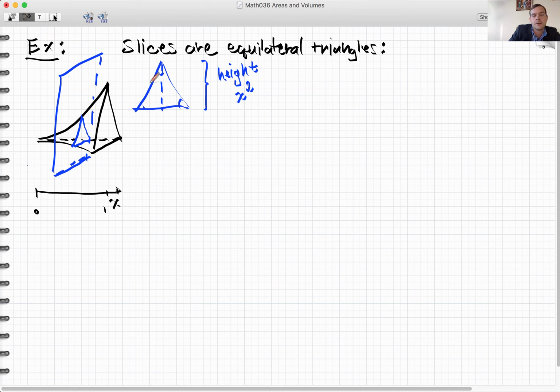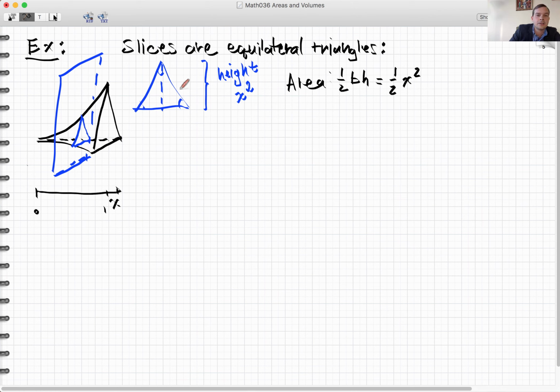I first need to figure out the area of the triangle, which is 1/2 base times height. I know the height, it's x squared, so I have 1/2 x squared.